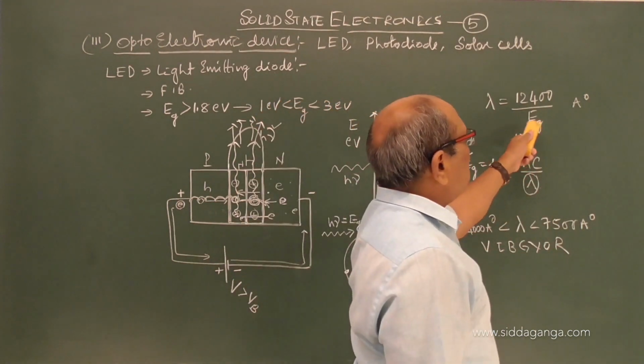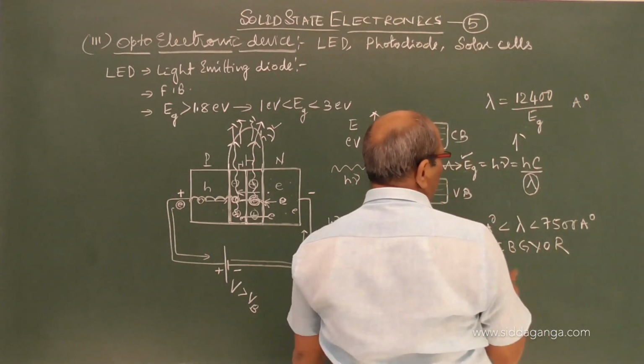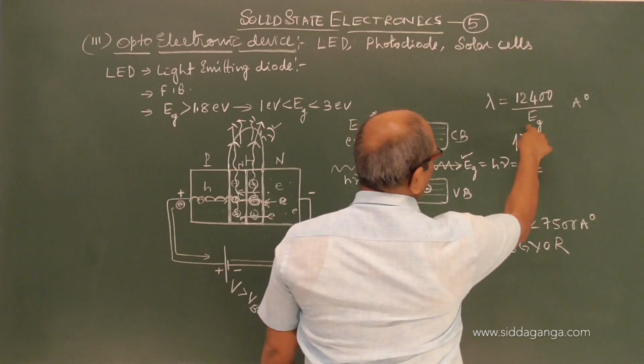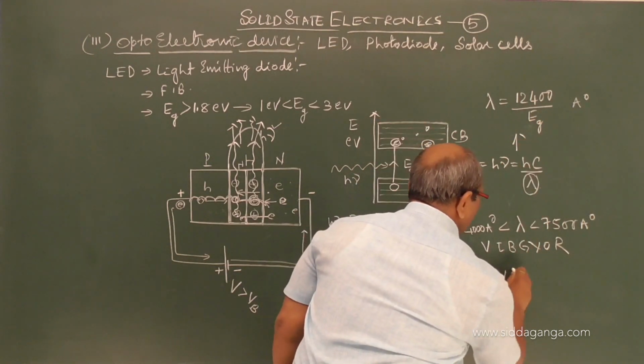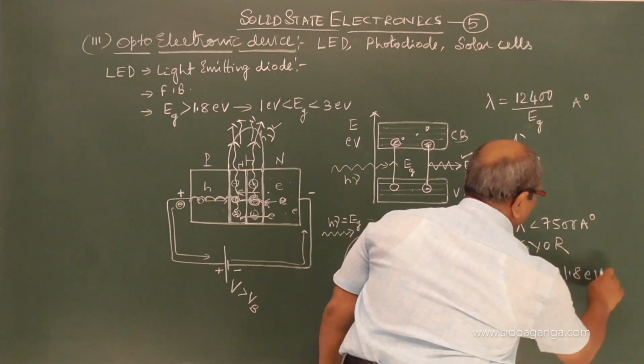So 3 fours, that means 4000, corresponds to 3 eV energy, and the minimum is 1.8 eV.